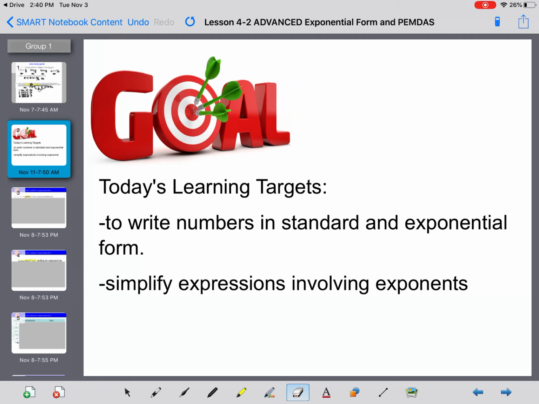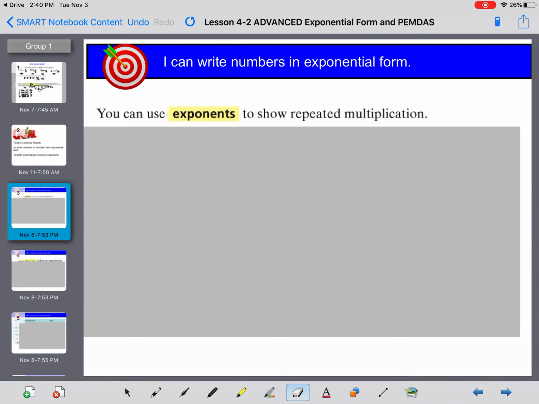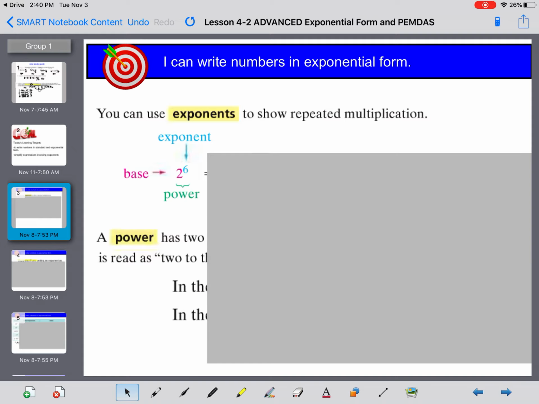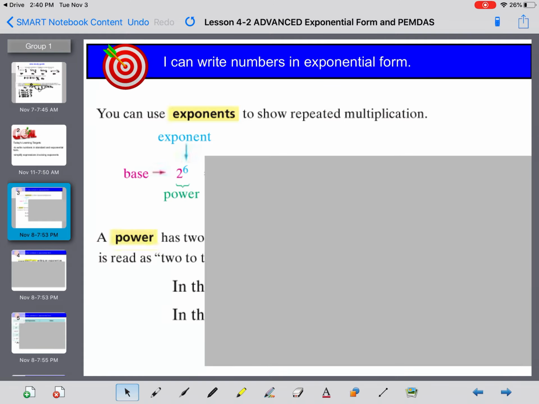For today's learning target, we are trying to write numbers in standard and exponential form. We are also going to be simplifying expressions that involve exponents. You can use exponents to show repeated multiplication. This is a power, 2 to the 6th power.